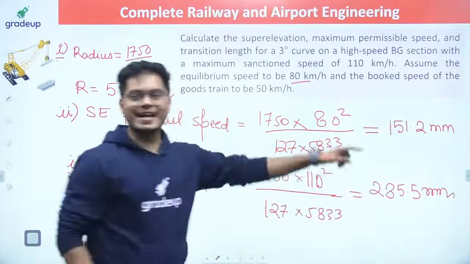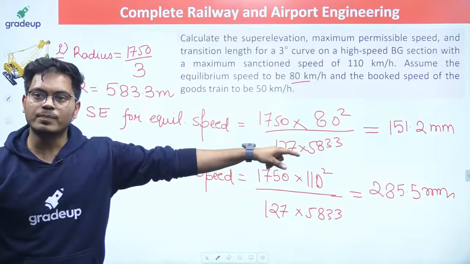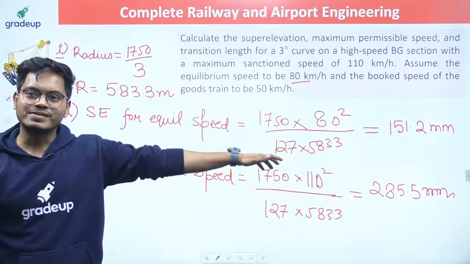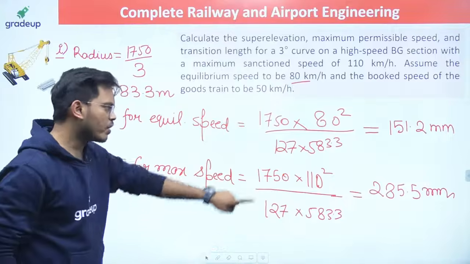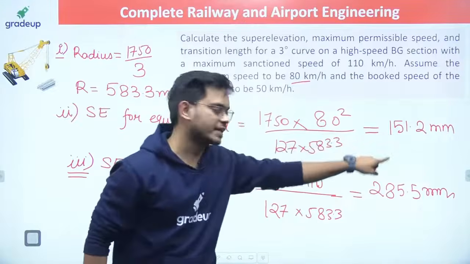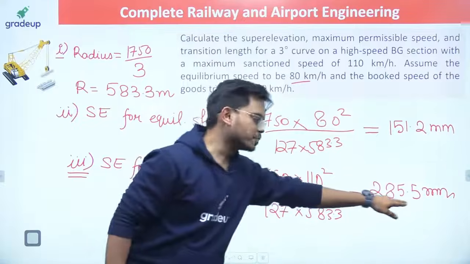Cool. Now what is the CANT deficiency, everyone? Karam, don't jump on the CANT axis because there is some slight problem here. CANT deficiency, everybody with full power: 151.2 is the actual CANT, and 285.5 is my CANT corresponding to maximum speed.